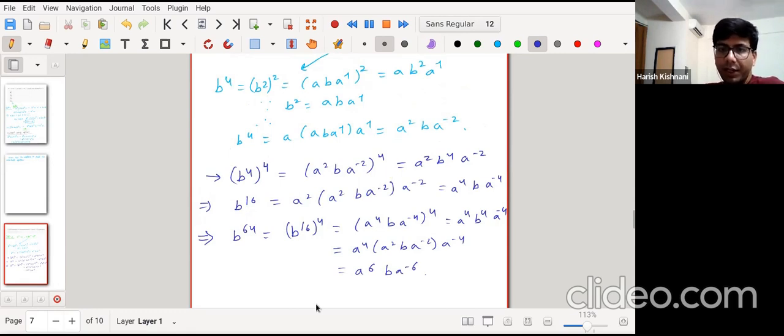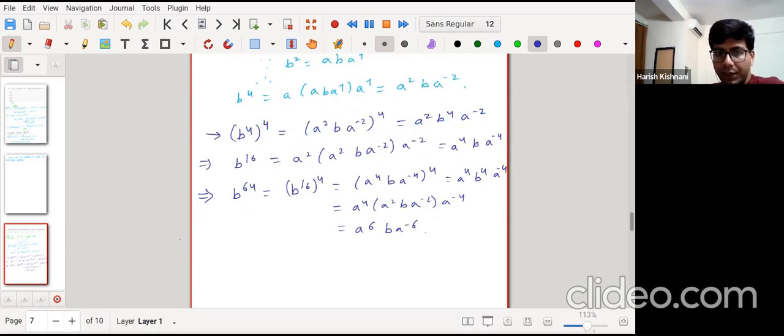So now we need a^7. We will just raise it to power 2, b^64 raised to square, that will be a^6 b a minus 6 whole square, that is a^6 b square a minus 6, and that is b raised to 128.